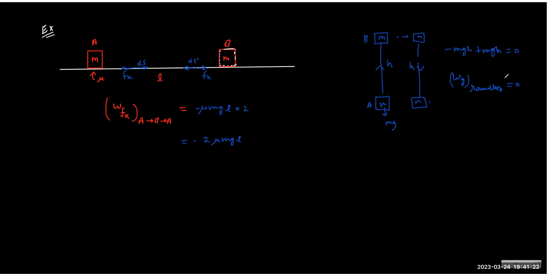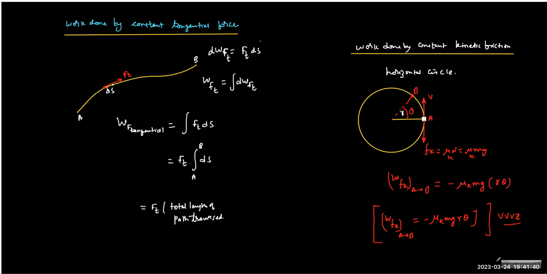When the path matters, not the initial and final point, we call it non-conservative. So what matters will decide its name. In fact, we will study this in the energy part, but as of now we are thinking in terms of work. So tangential force is clear.